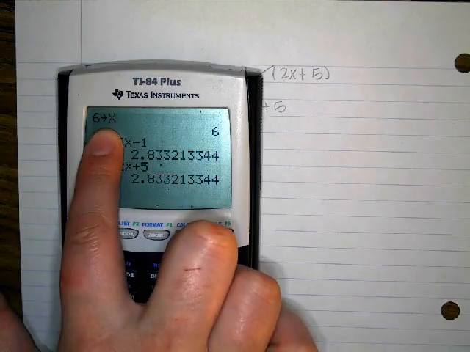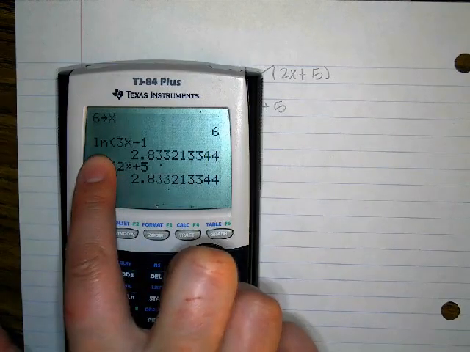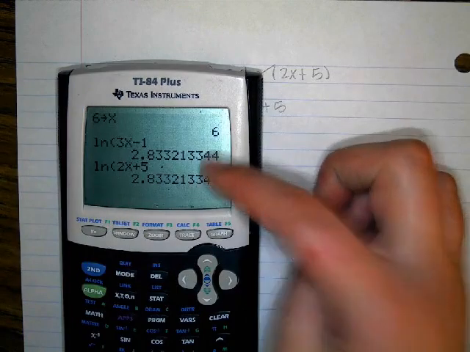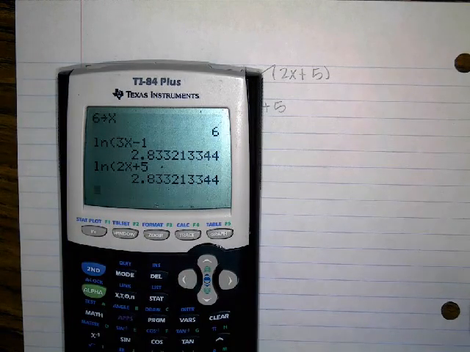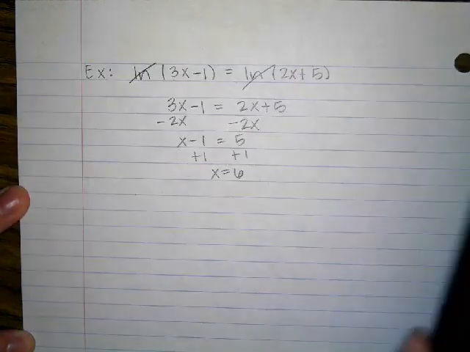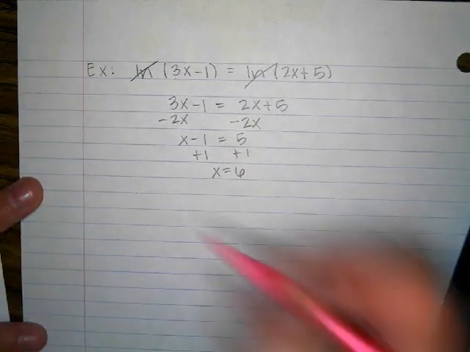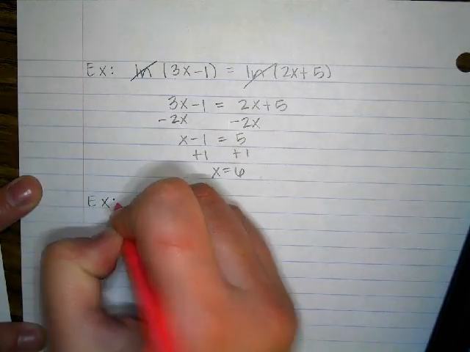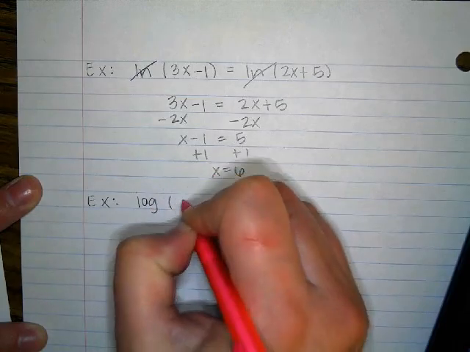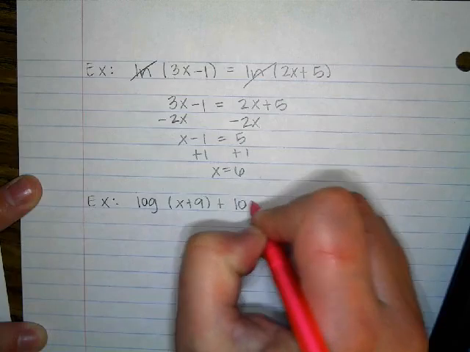Okay. Let's try another one. All right, for this one, we got log of x plus 9 plus log of x equals log 10.